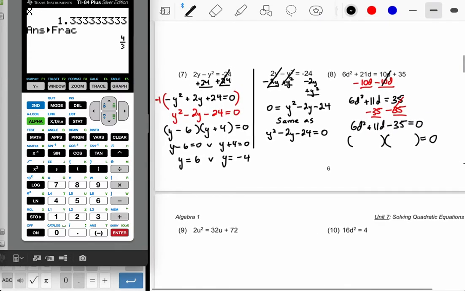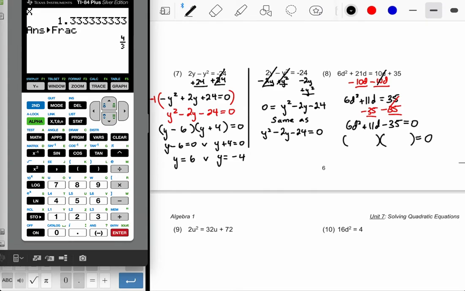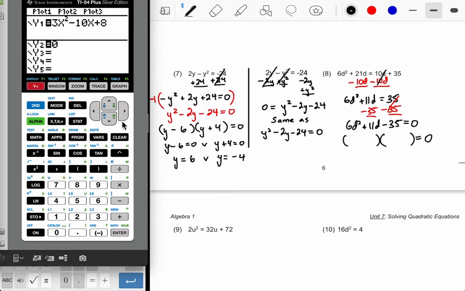So you could go the trial and error route, or you could go the graph and calculator route just to give yourself a clue as to what the factors might be. If you go that route, the left side of the equation goes in for y1 once it's in its appropriate form.